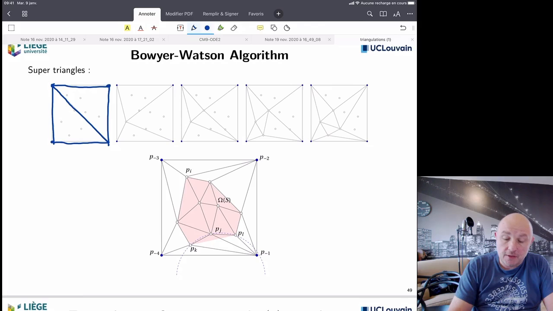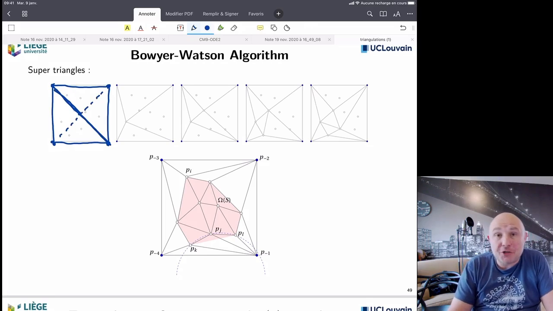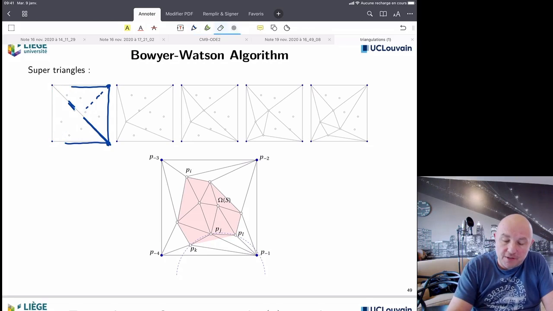Those 4 points are co-circular. Yes. So what you see here, if points are co-circular, the Delaunay triangulation is not unique anymore. Because if you have a quadruple point here, you could choose either that edge or that edge. Those are two possible Delaunay triangulations. Okay, it doesn't matter that much. So you choose that one and it's okay.